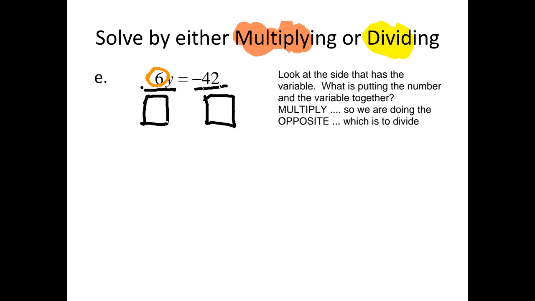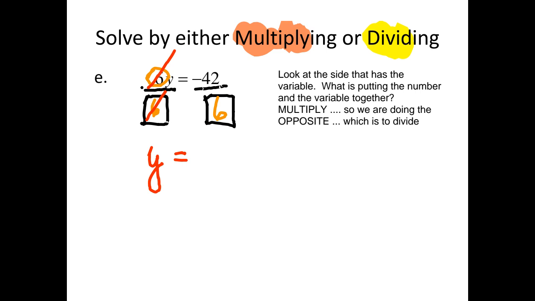That is going in the box on both sides. Now, 6y divided by 6 is going to give me 1y, but I don't write a 1. But on the other side, negative 42 divided by 6 is a negative 7.